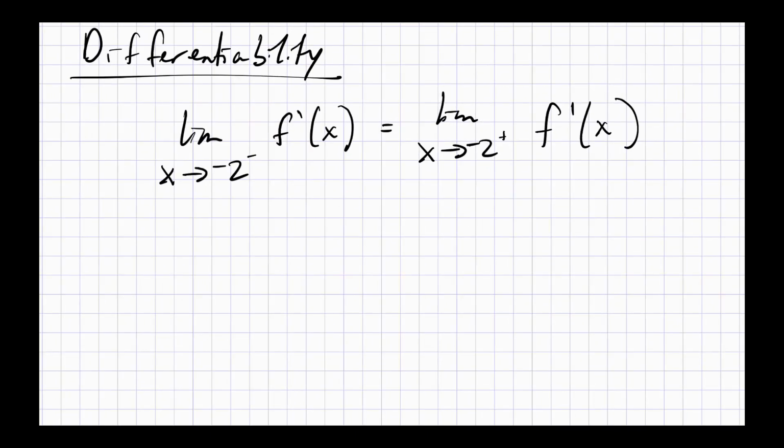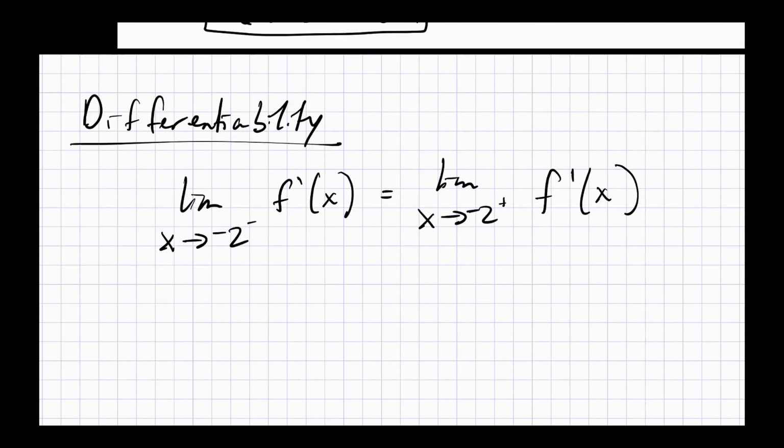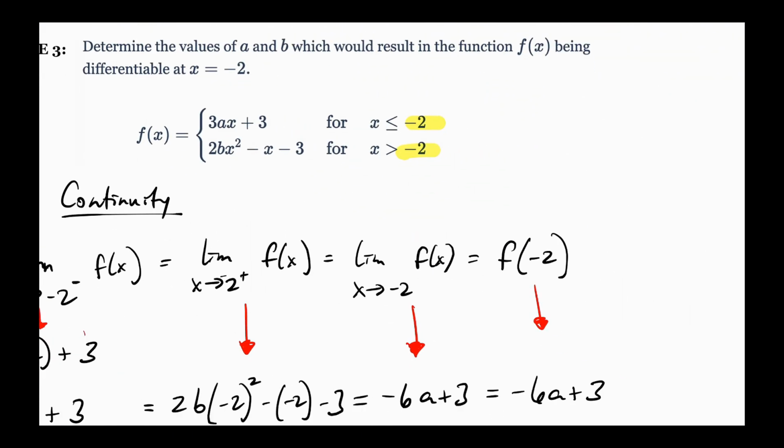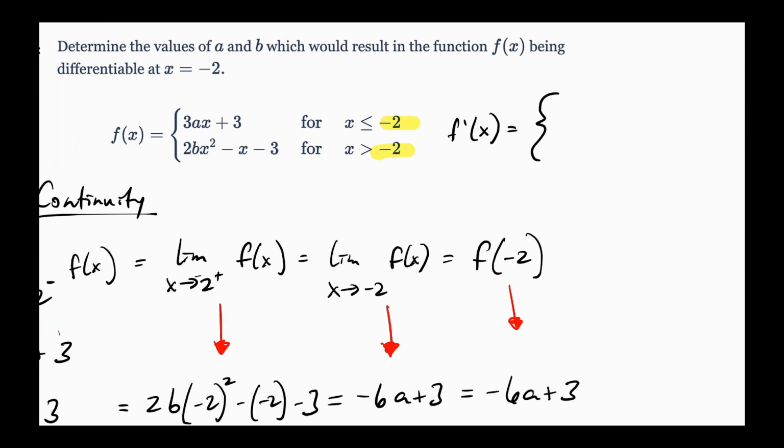Okay, so let's do that. First thing is find the derivative. So we got to go back up here to the side over here. I'm going to find derivatives. So the derivative of the first one, a is just a number. Treat a like a number. Don't treat it like a letter. The only variables we have up here are x, because a is a number. We just don't know what it is.